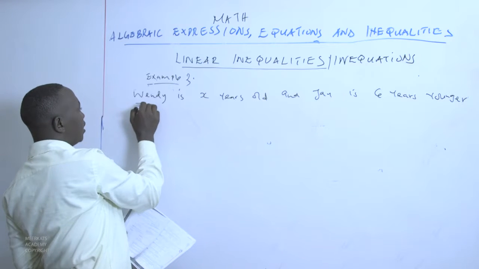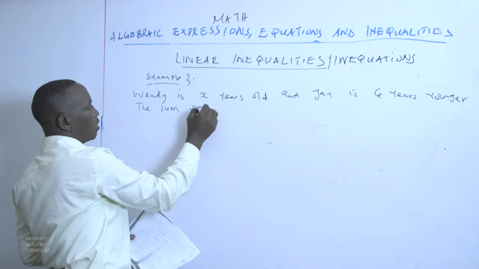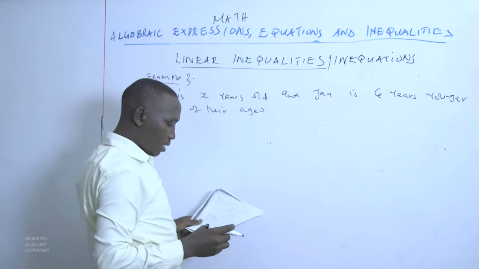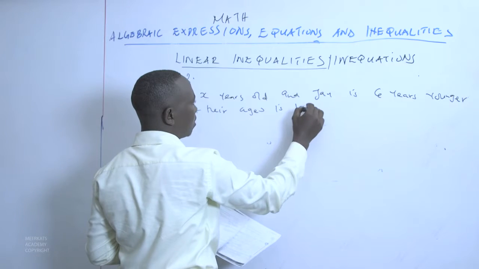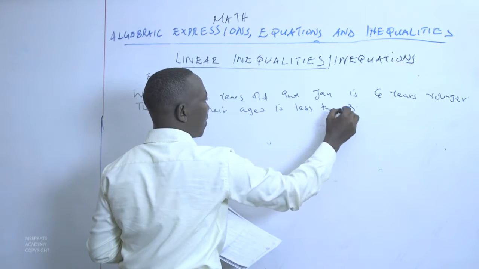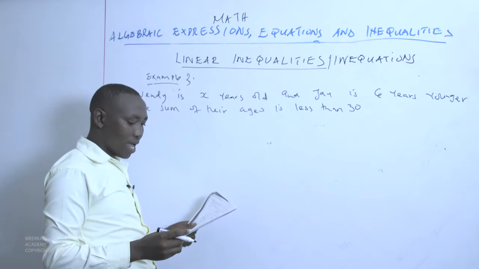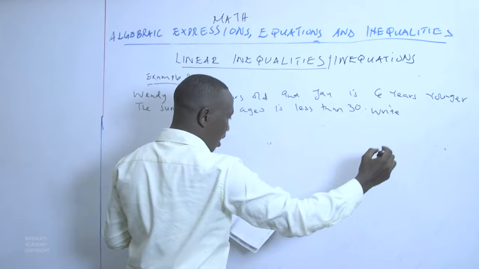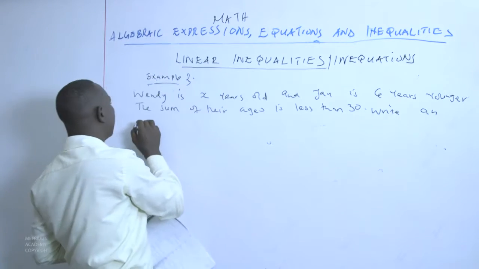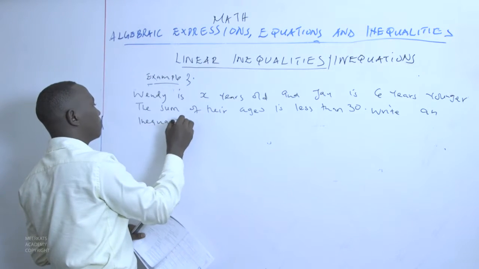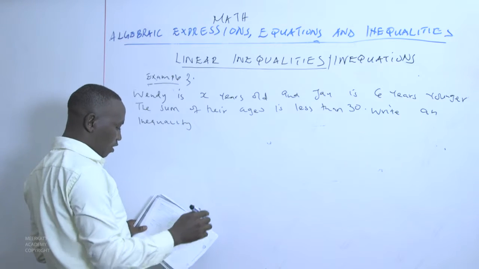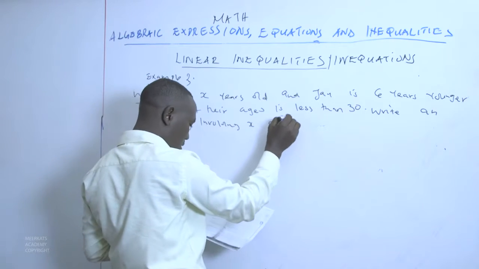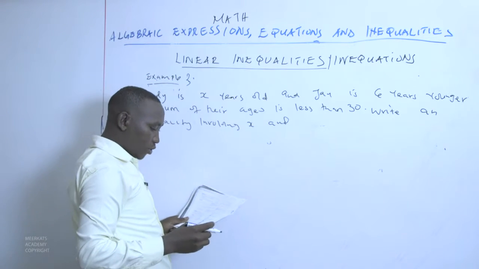The sum of their ages is less than 30, right? Form an inequality involving x and solve it.